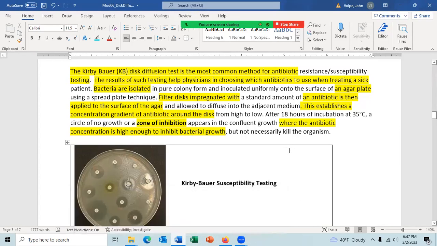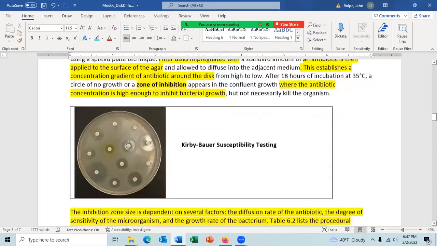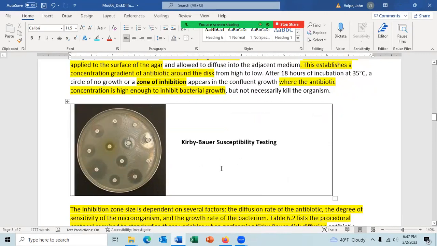After you apply the bacteria on the plate, you let it sit for a few minutes, and then you put the filter disc on the plate. The disc will establish an antibiotic gradient around the disc. You then incubate the plates for 18 hours at 35 degrees Celsius, and you look at the zone of inhibition, where the antibiotic concentration is high enough to inhibit the bacterial growth.